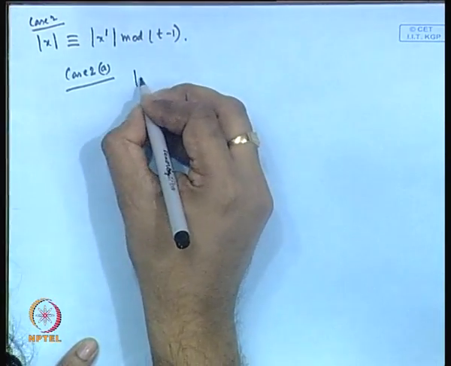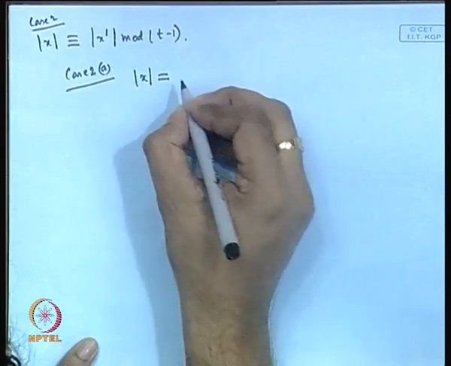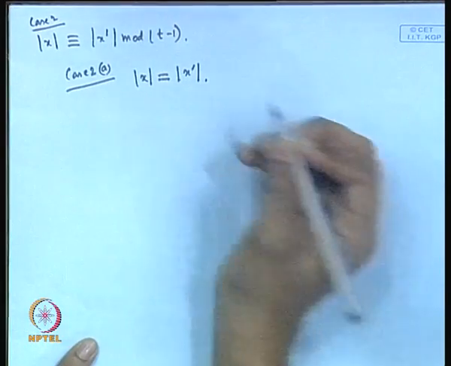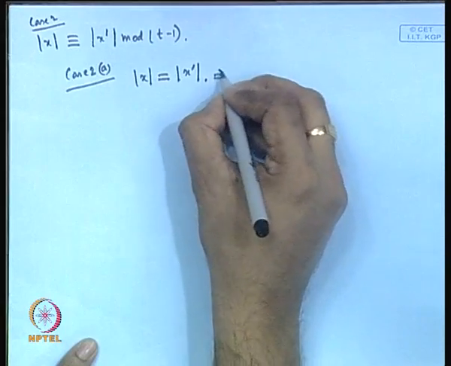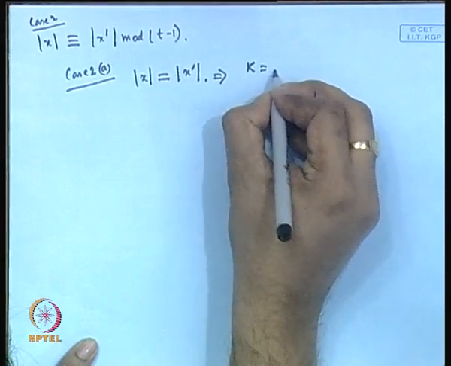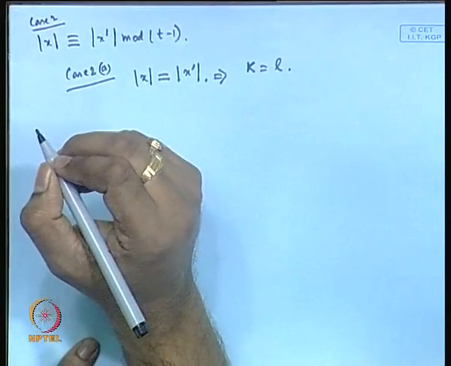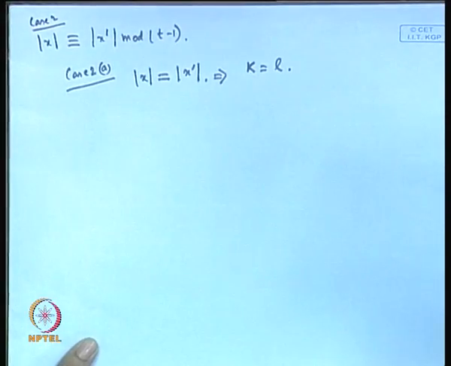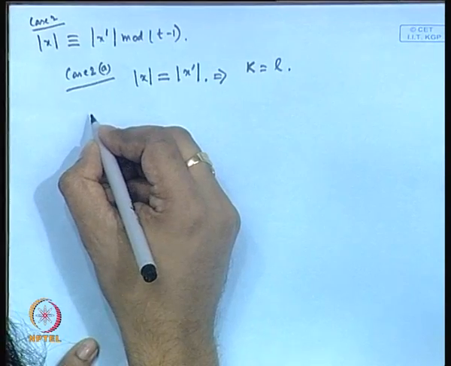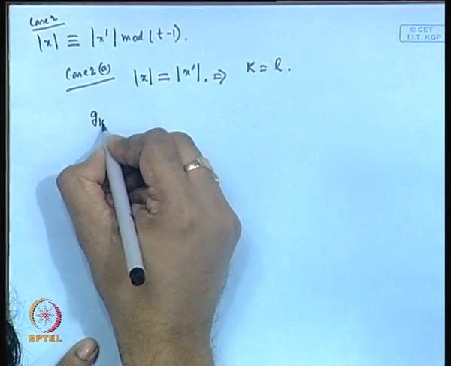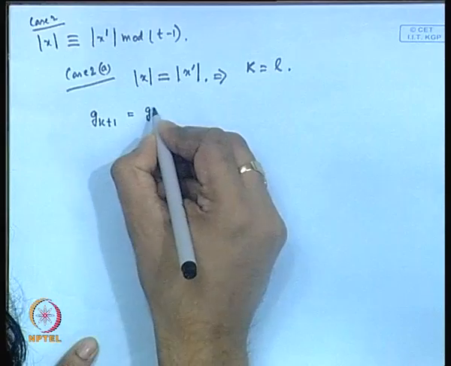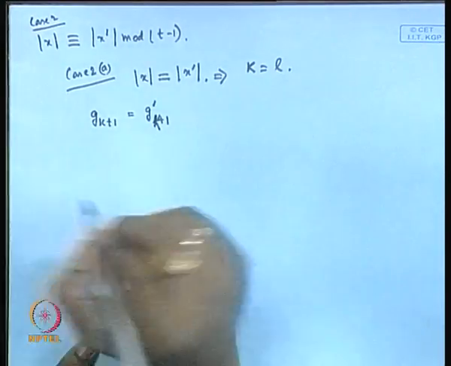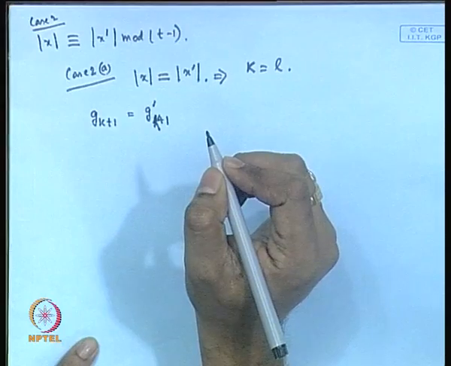The first case is mod of x equal to mod of x dash, which implies that k and l are the same values. So now g of k plus 1 is equal to g dash of l plus 1, or rather l will be k itself, so g dash of k plus 1.